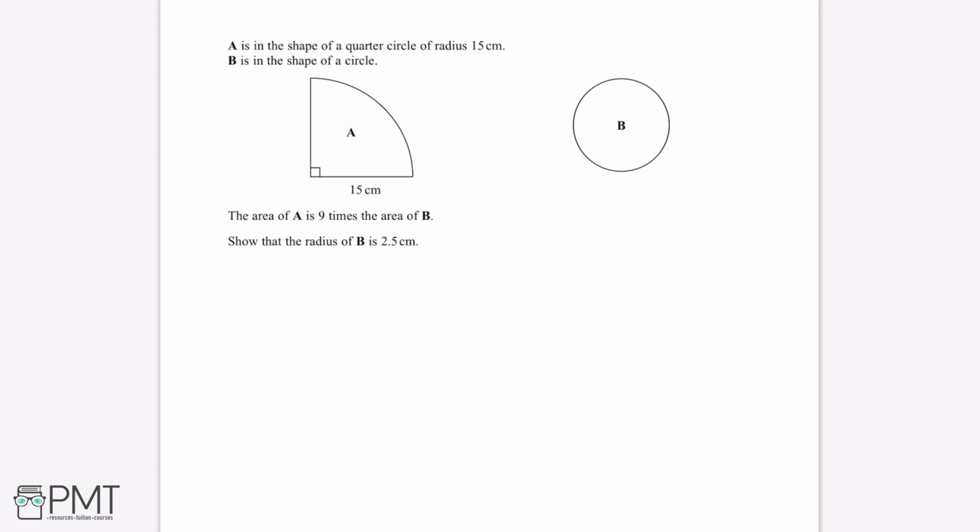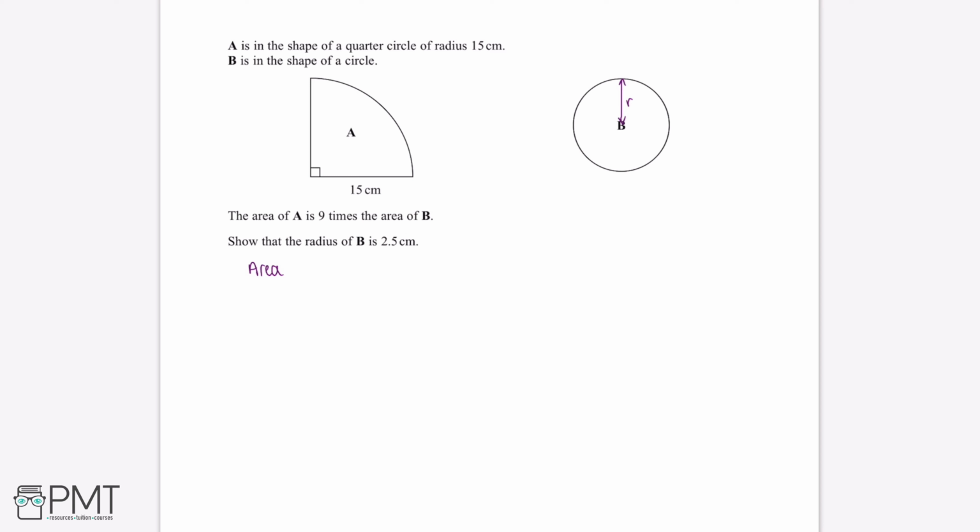So the radius of a circle is the distance from the centre of the circle to any point on the edge of the circle. And we can represent this with the letter R. The next thing we'll need to know for this question is how to work out the area of a circle.